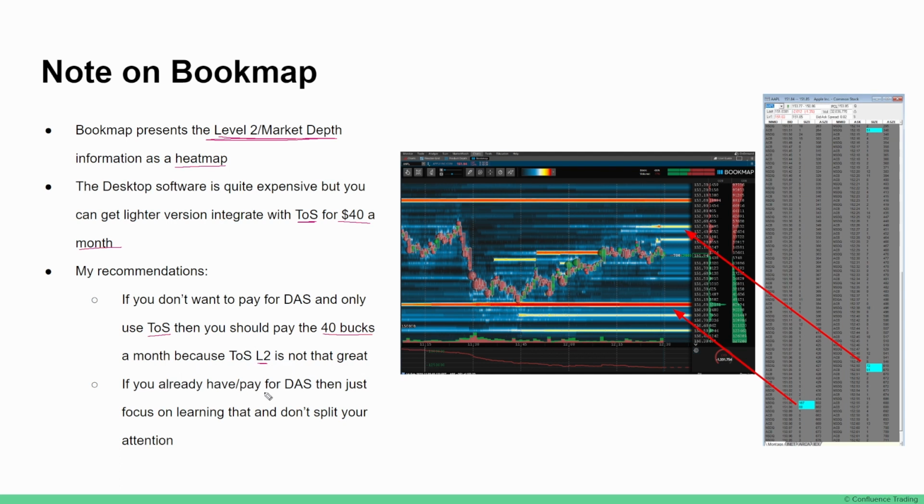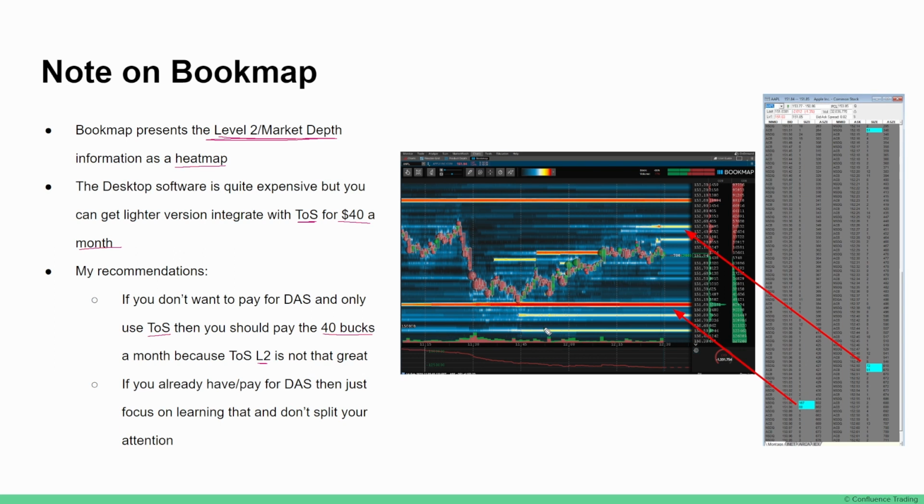However, if you already pay for Dash Trader Pro or another system that has a really good level 2, don't bother paying for Bookmap because you're just going to end up splitting your attention between two different softwares. And I think, in my opinion, that's going to hurt you more in the long run than just focusing on learning the system that you do already pay for.